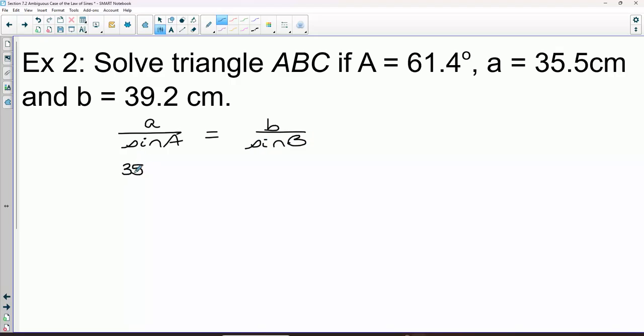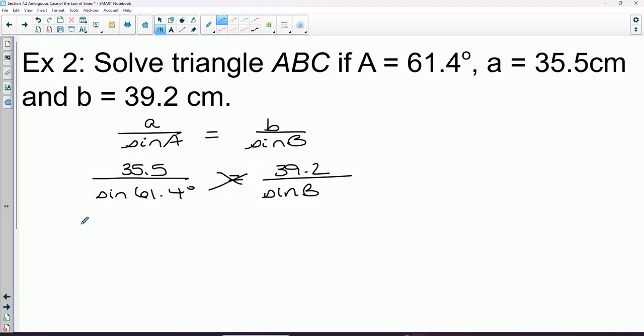So A is 35.5, the sine of 61.4 equals 39.2 over the sine of B. I need to solve for sine B. So it's kind of up to you how much work you need to show. I'm cross multiplying. You might be comfortable enough just plugging things in your calculator, but I'm going to write it out for the sake of our examples.